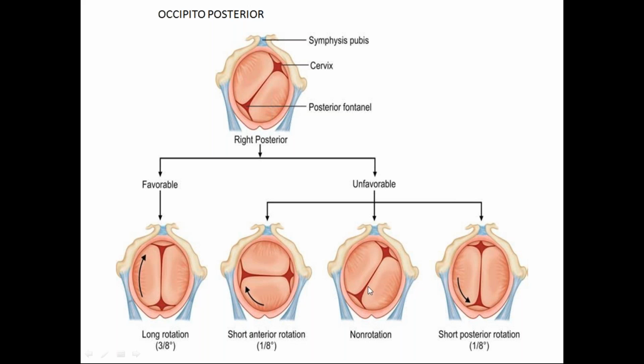So face to pubis deliveries are associated with considerable trauma to the mother. Particularly these deliveries are supposed to be associated with perineal tears because the hard part of the occiput is coming against the anal canal. So normally when it is fully rotated, the face is coming down, which is a soft part.